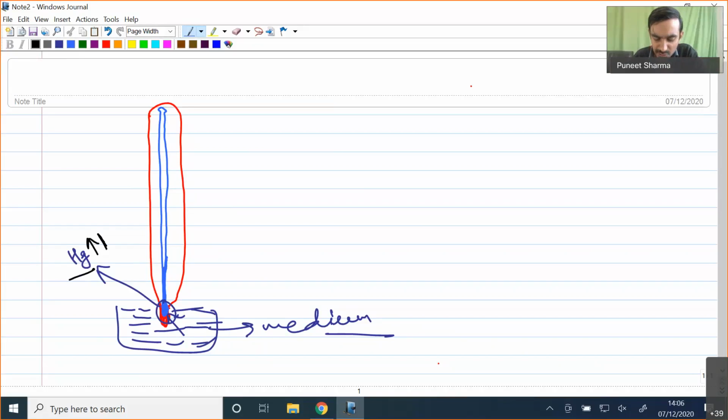If the temperature is increasing, there will be volumetric expansion within the mercury, so the level of mercury will rise in this tube. Once the level of mercury becomes constant, it means my thermometer has come into thermal equilibrium with its medium.